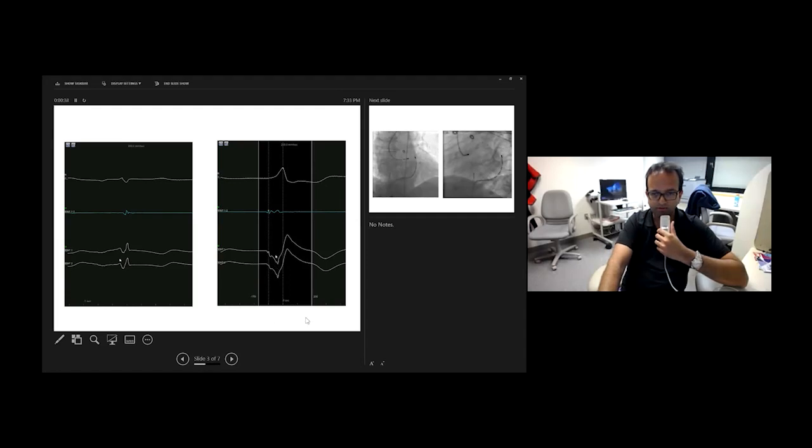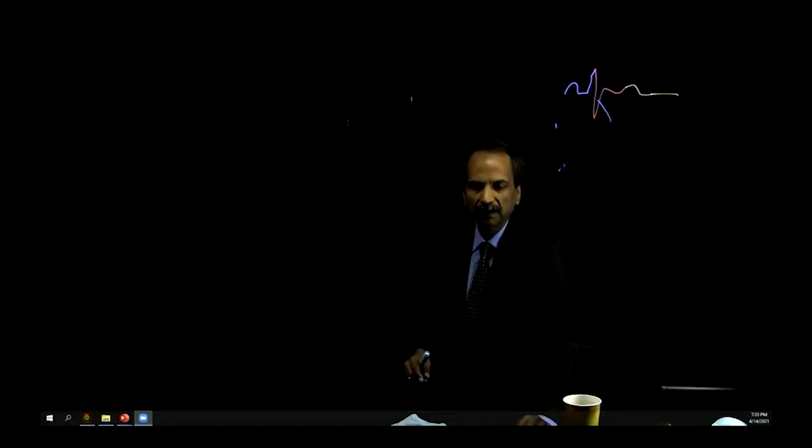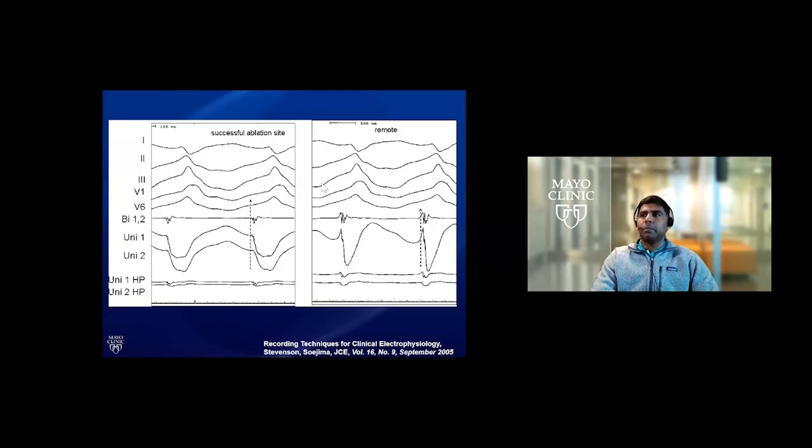Excellent. Thanks a lot. So Siva, you had answered that question that one of the doctors had about filtering and clipping. Yes, in general, we try not to have clipping on, at least on the mapping or the roving catheter. So once you turn the clipping on, you lose some of the frequency content.